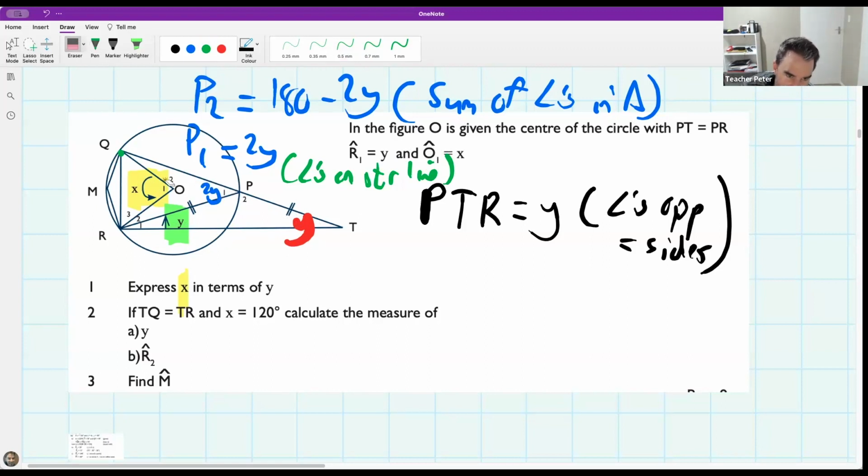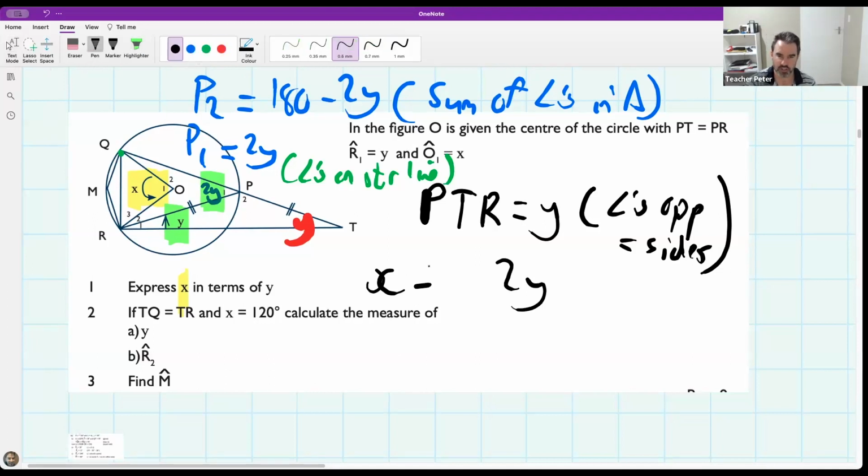Now we have to connect these two over here. We have already said that angle x is the big one. So we know that there's a relationship between the yellow one and the green one. Which of the two angles is bigger? The x or the 2y? So the x is the big one.